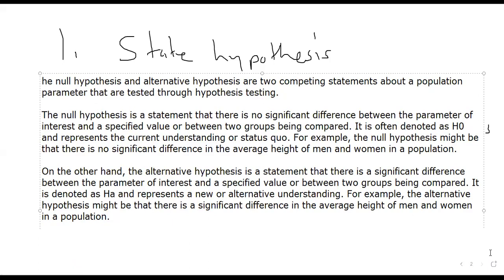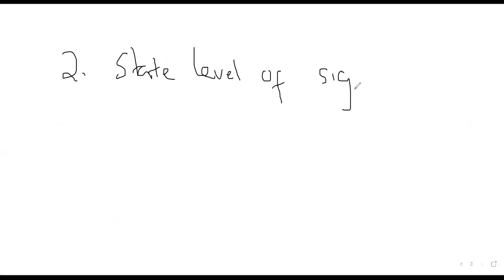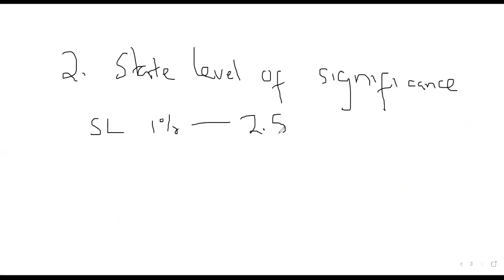So step 2, we're going to state the what? The level of significance. So we have four levels of significance. Remember them. Number one, we have what? 1%. What is Z for the 1% significance level? 2.58.